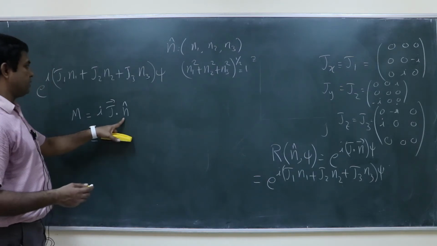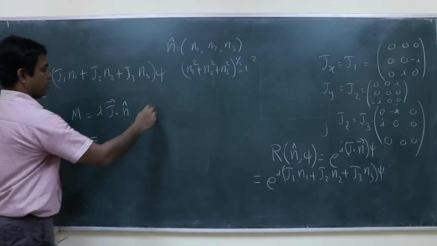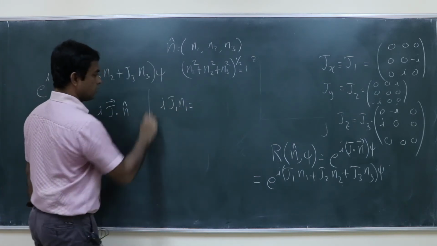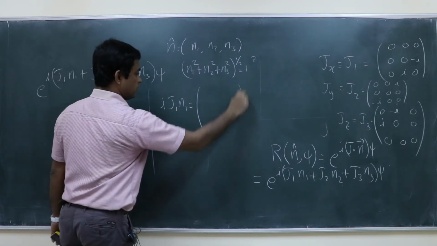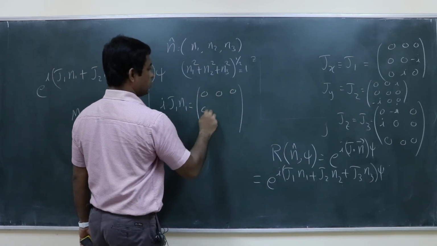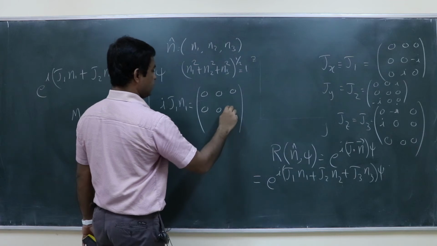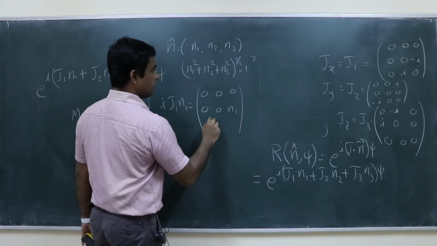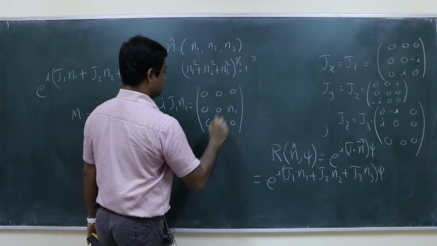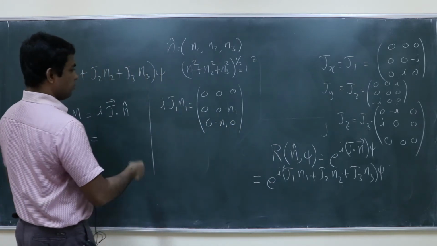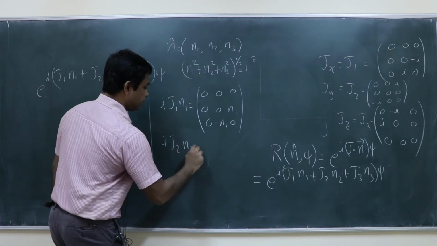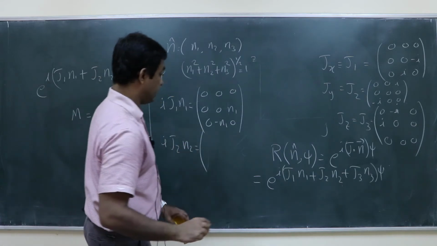So what is i J1 n1? It is 0, 0, 0, 0, 0, here n1, 0, n1, minus n1, 0. Similarly you can do the other ones. What is i J2 n2? Quickly tell me. i J2 n2.